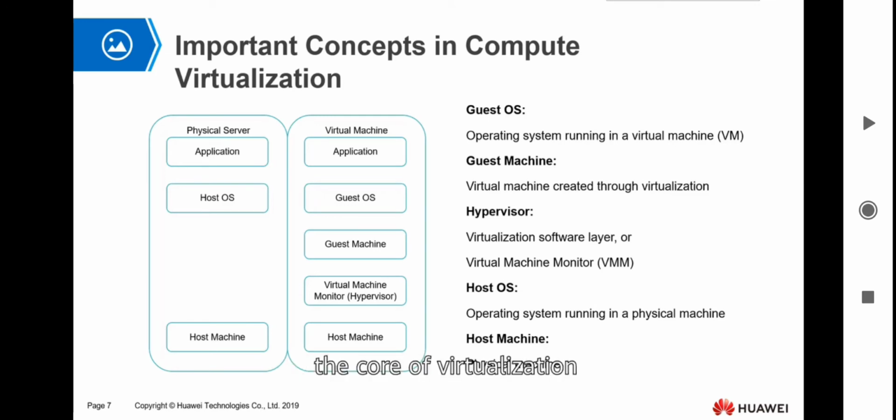Then the core of virtualization is hypervisor or VMM. And the virtual machine is called guest machine. And then the operating system installed in the virtual machine is called guest OS.